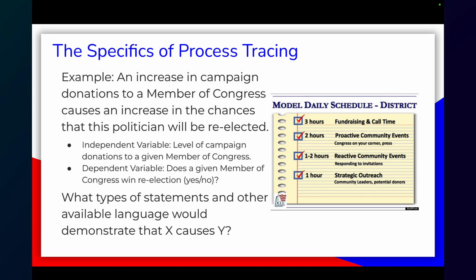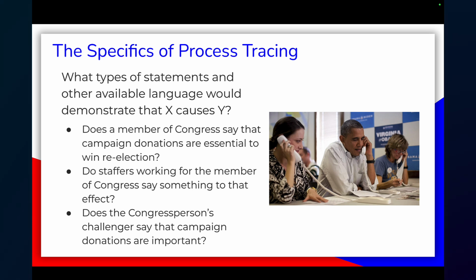Okay, so what types of statements and available language would demonstrate that X causes Y? Again, let's go back to our theory, right? What relevant actors are involved in a member of Congress's election or re-election campaign? So what types of statements and other available language would demonstrate this?